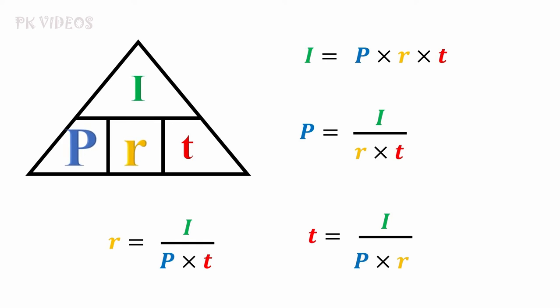Of course, it is principal times rate. So these are the other formulas that can be generated from the same formula, interest is equal to principal times rate times T, or we just write PRT.